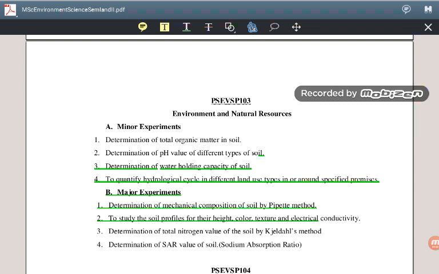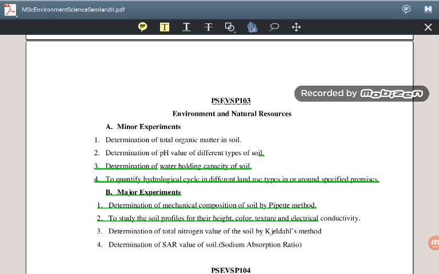Next is the determination of sodium absorption ratio value of the soil. You know that the soil absorbs a certain amount of cations as well as anions, and this work or function is done by means of the xylem. So the xylem absorbs the minerals, either cations or anions, with the water, and then it is provided to the rest of the plant.